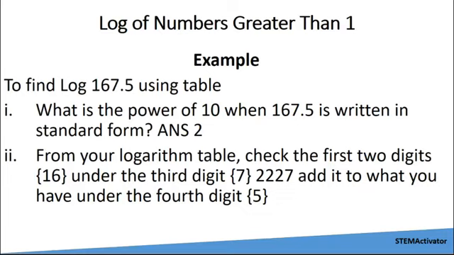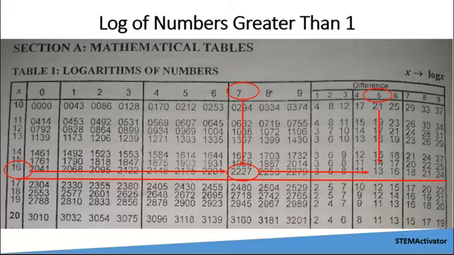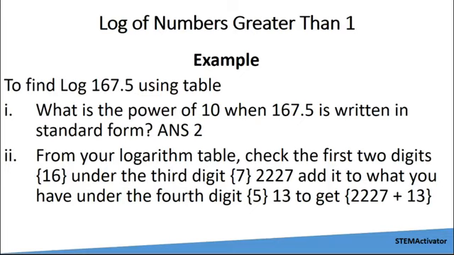We've checked 16 under 7. Now that 5 is the fourth digit, we go to the difference section. There is a section called difference. That 5, if you trace it down, you're still moving horizontally under 16. The number we have there is 13. So you are going to add the 13 to the 2227.